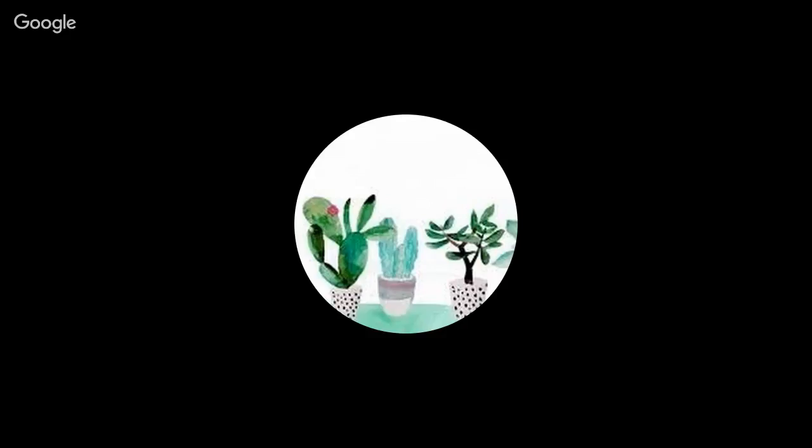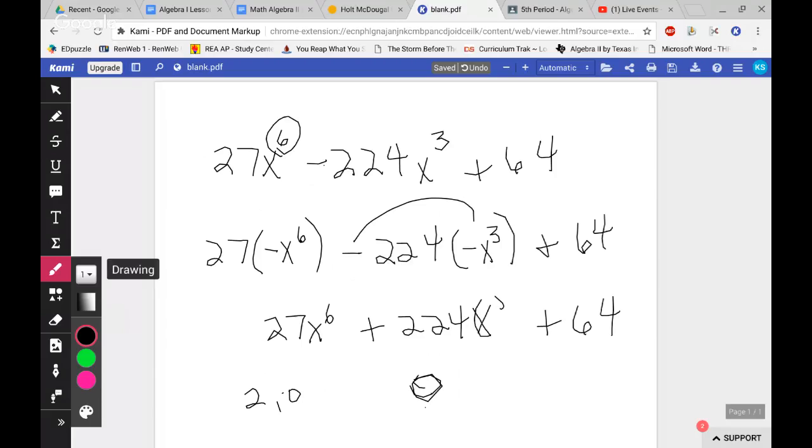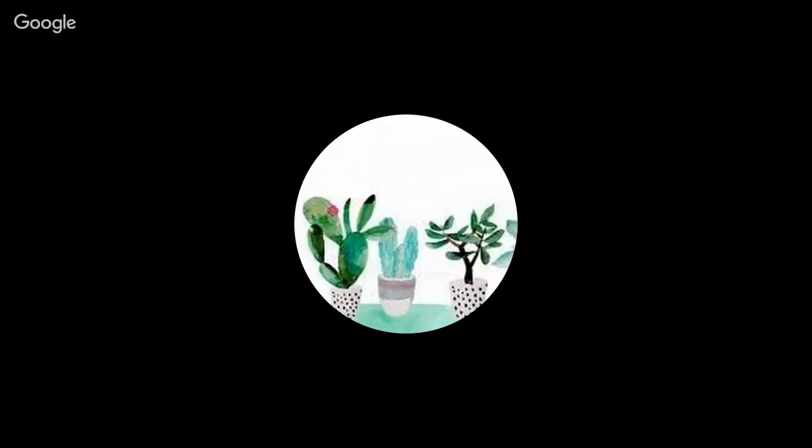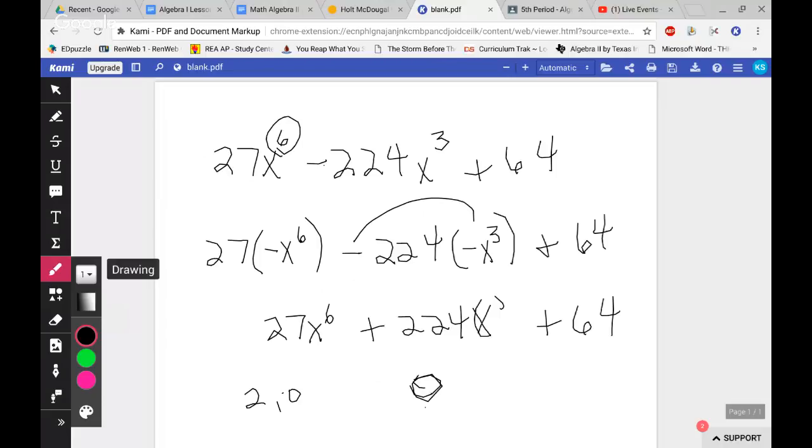That tells me that then there's a possibility of having 4 imaginary zeros in this particular function, which means basically it's not going to cross the x-axis very often. Okay. So that's the whole reason that you're doing this activity.